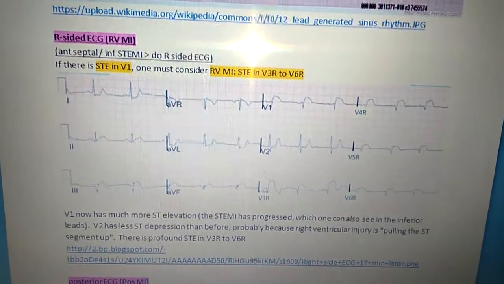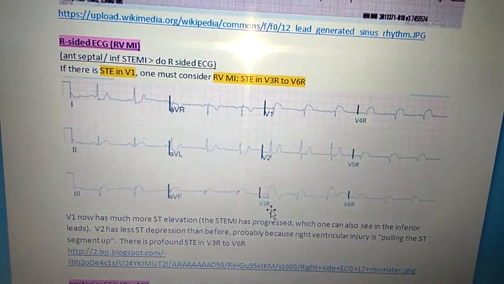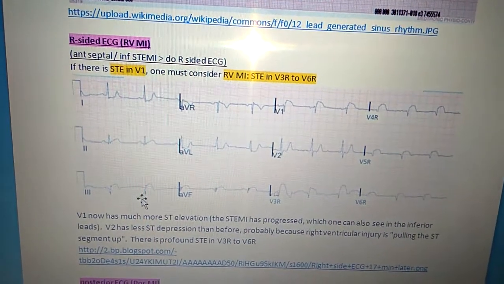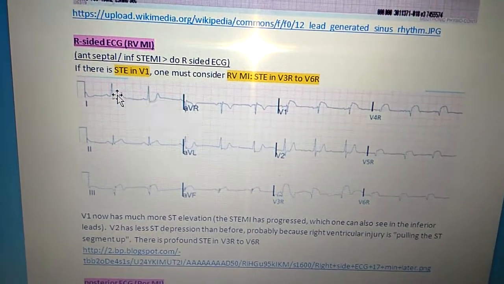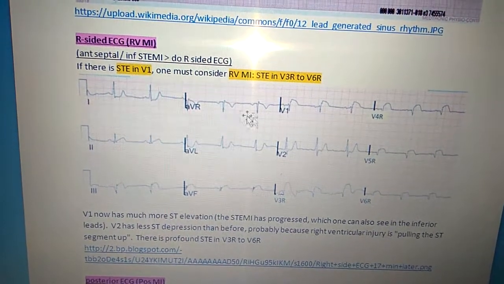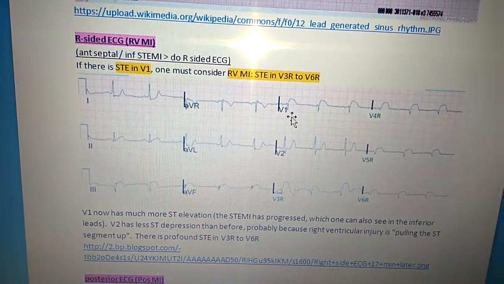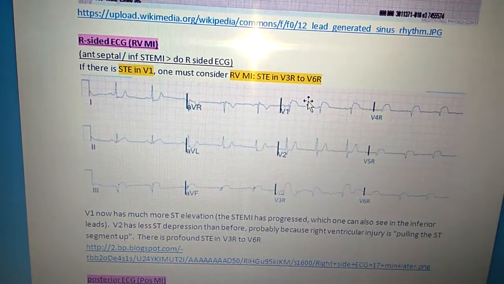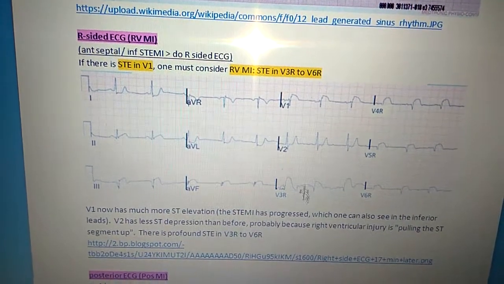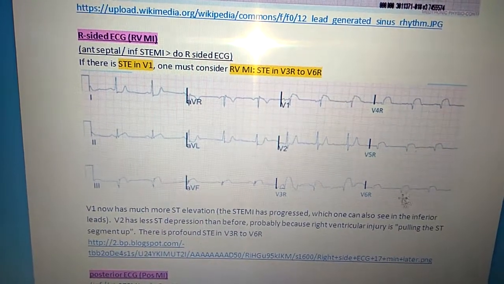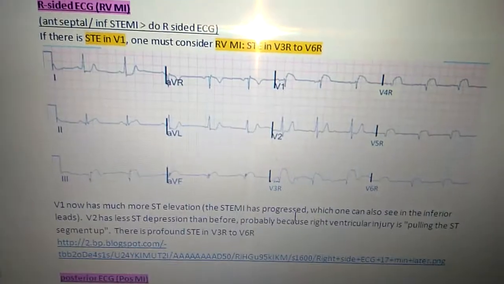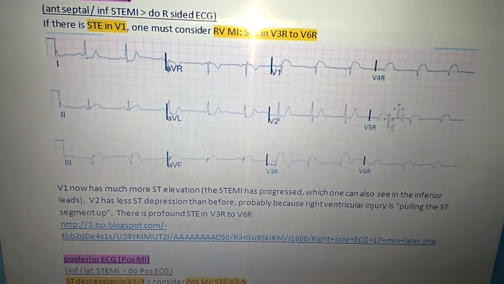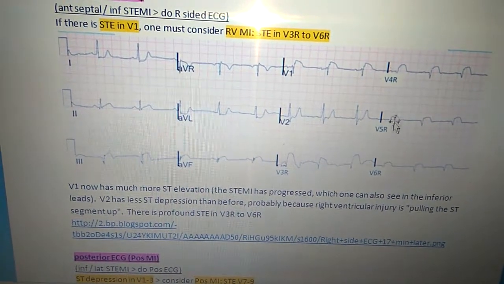We must put V3R, V4R, V5R and V6R, because we suspect in this patient there's ST elevation in V1 in the septal area, so we suspect the right side is also involved in the MI, and it is clear here that the right side is also involved, because we can see here V3R to V6R has ST elevation.